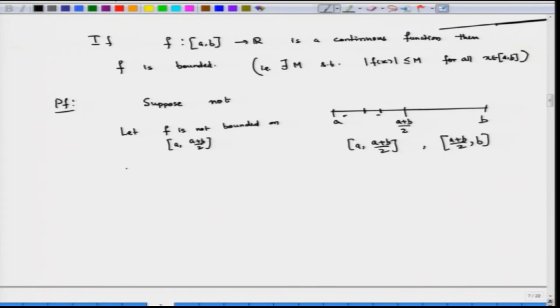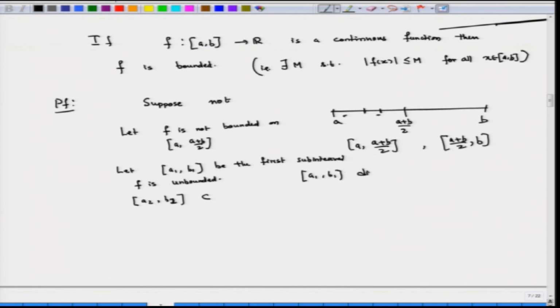Let [a1, b1] be the first sub interval where f is unbounded, and I will take [a2, b2], where I divide [a1, b1] into two equal sub intervals, and f is unbounded on [a2, b2].